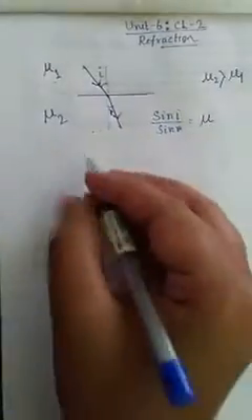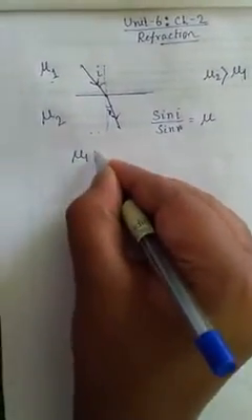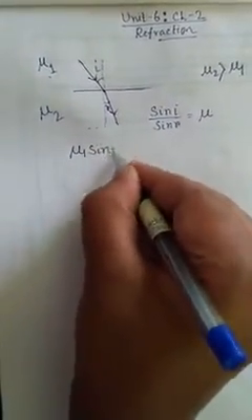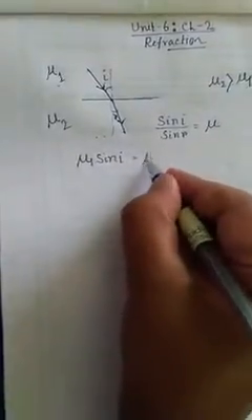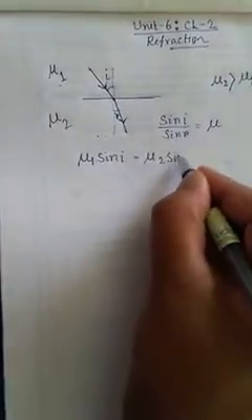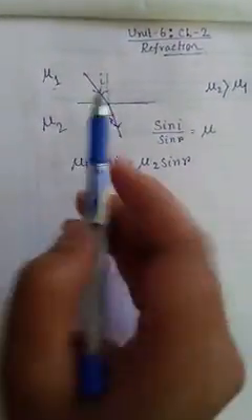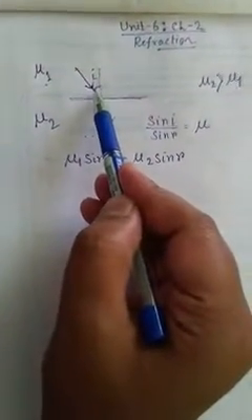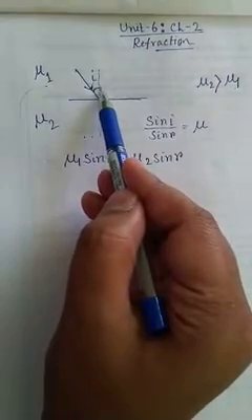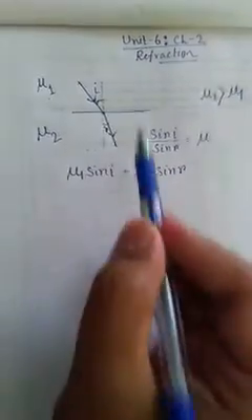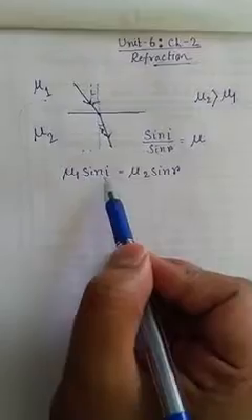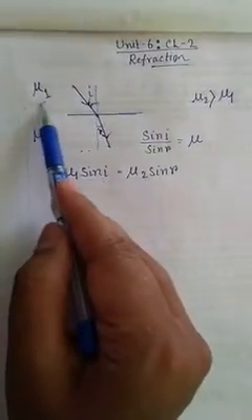Now we can write from here the general form of Snell's law, that is mu1 sin i equal to mu2 sin r. What is the speciality of this equation? Just look at this. When I am taking the sine of the angle of the first medium, then I am taking the refractive index of the first medium.